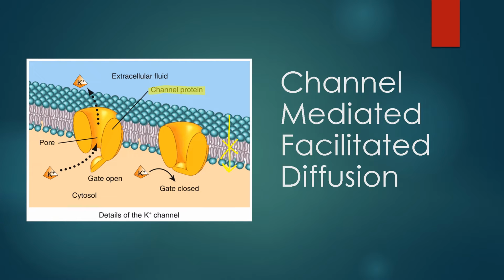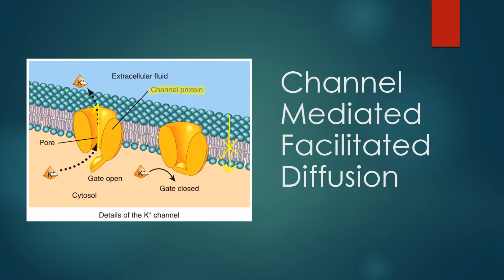Now, most membrane channels are ion channels, and these are going to be integral membrane proteins that allow the passage of really small inorganic ions that are too hydrophilic to penetrate the nonpolar interior of the lipid bilayer. So essentially, they just allow for this small area, a pore, to move through to go down their concentration gradient.